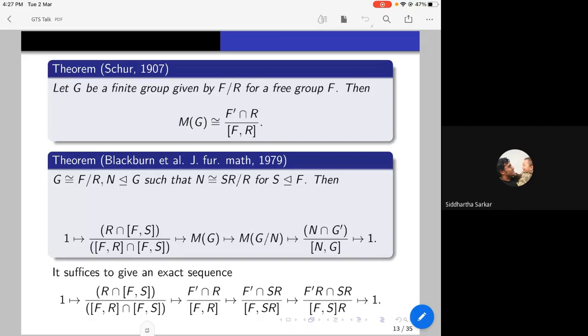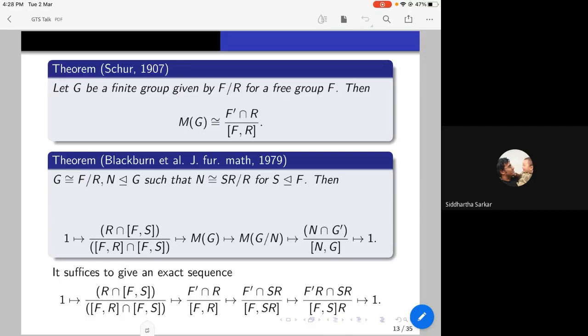Of course, as the description of M(G) is available in terms of F and R, one can expect such an exact sequence. So it suffices to give an exact sequence of this kind. The first term is the same as in the last one. Then write M(G) as (F' ∩ R)/[F,R]. Then G/N: since N is SR/R, G/N can be given by F/SR.